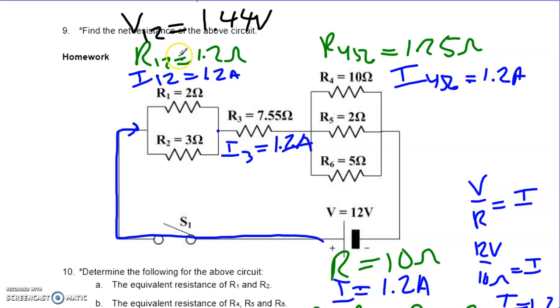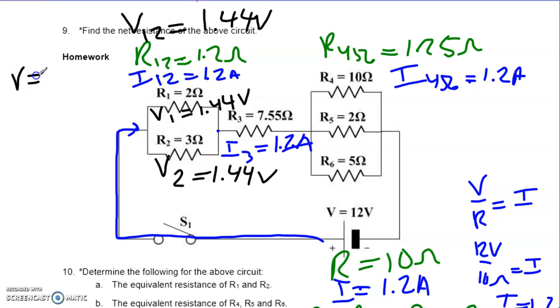And then what happens next is we know that V2 must be 1.44 volts. And we know that V1 must be 1.44 volts, because again, when in parallel, the voltages must be equal to one another.